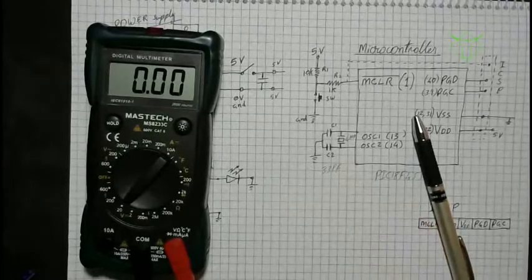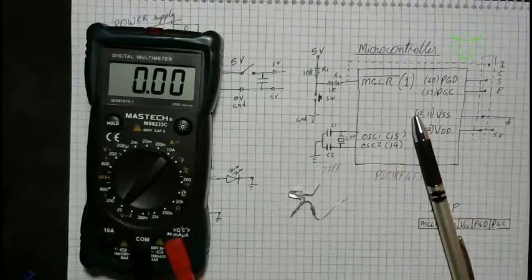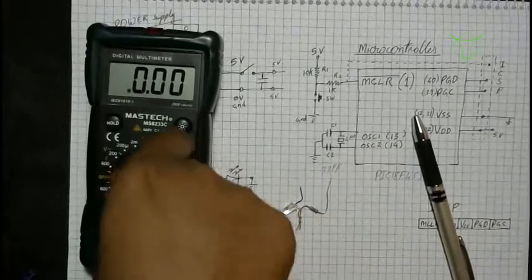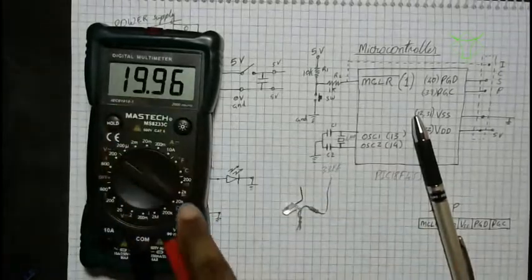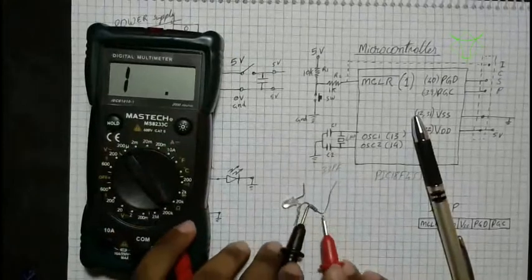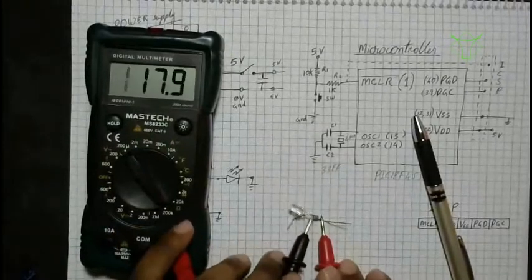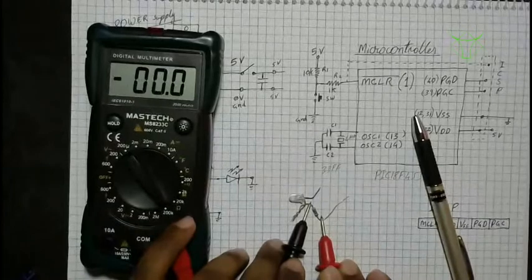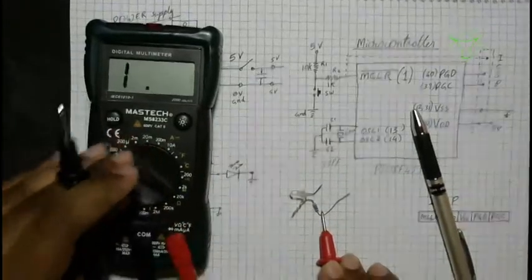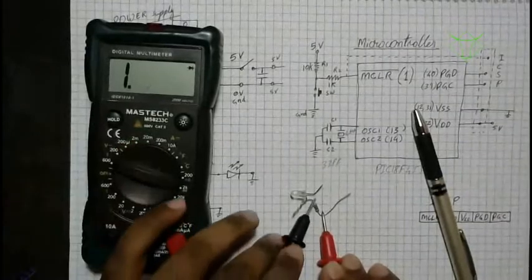If I want to measure a resistance, I have already connected a resistor to the LED. You switch this to resistance mode. First, take this to the highest resistance range and then try to measure.